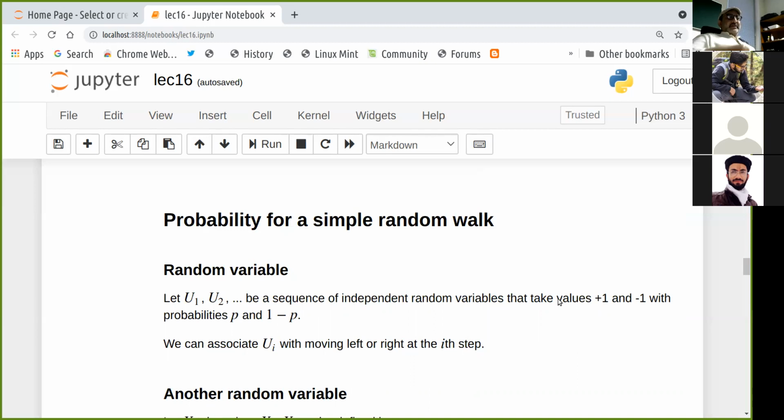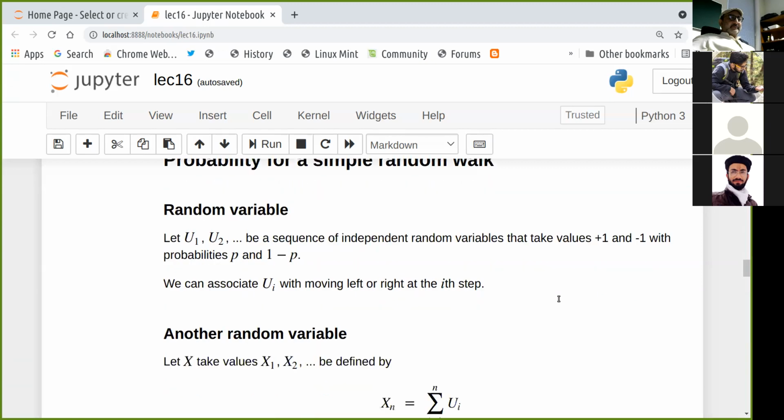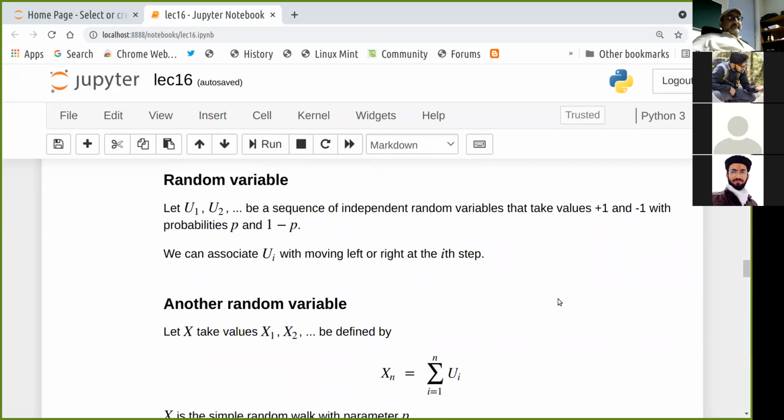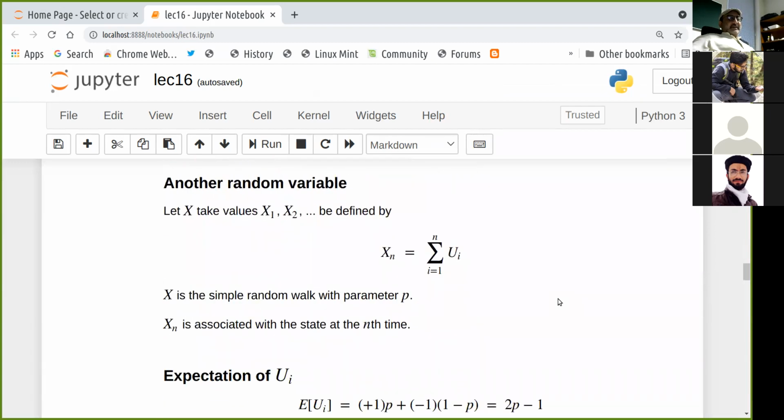We can associate Ui with moving left or right at the ith step. We can take another random variable x that takes values x1, x2, x3, defined by xn equals the summation from i equals 1 to n of Ui. If you think of Ui as moving left or right by a unit distance, xn is the endpoint of a run.